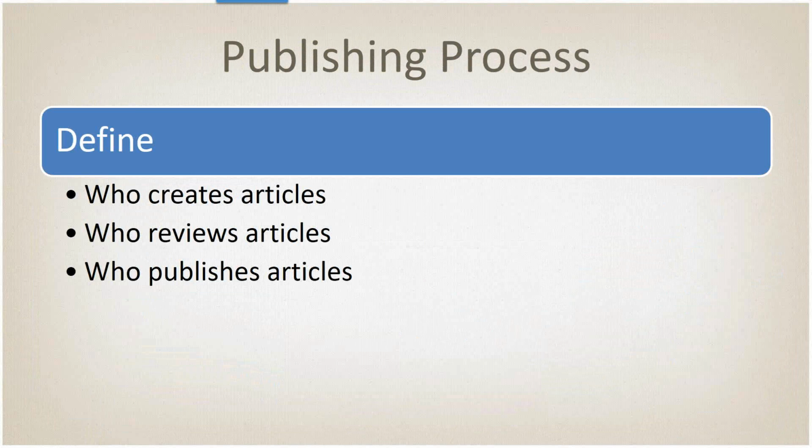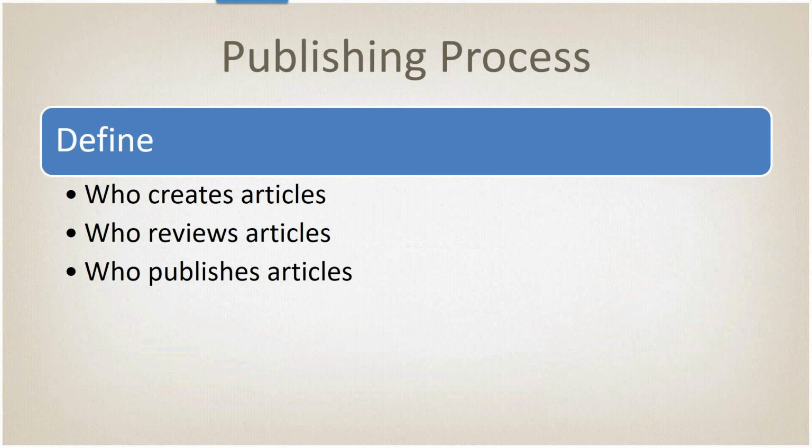In most cases, you want to have somebody other than the author review the article, because you don't want things being put out that are either incorrect, which is really bad, or maybe not worded properly. Maybe there was a translation issue, maybe it didn't translate exactly properly into the secondary language you're going for.